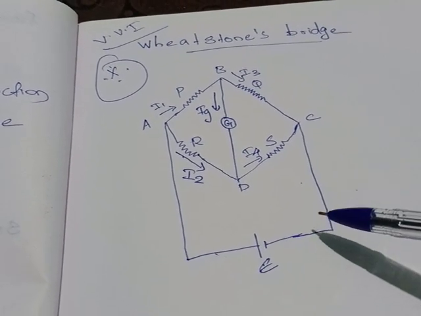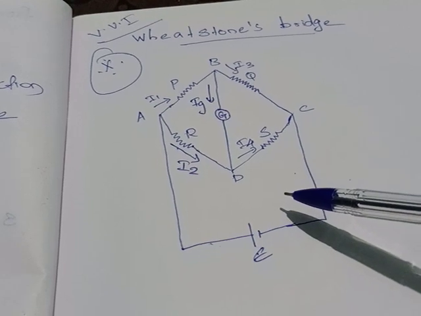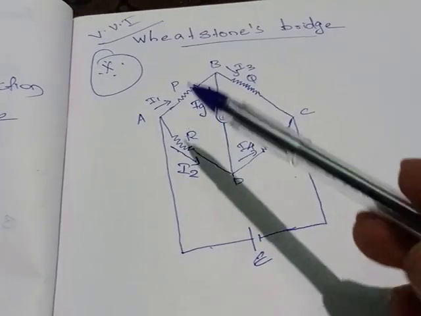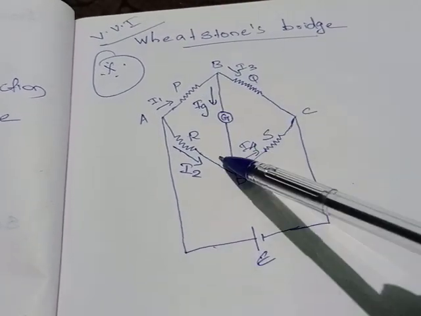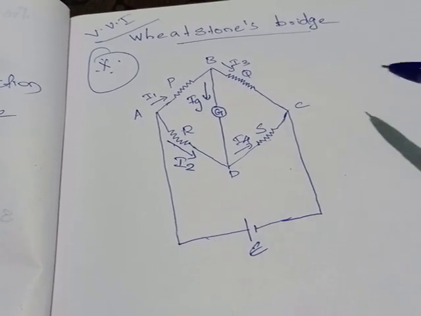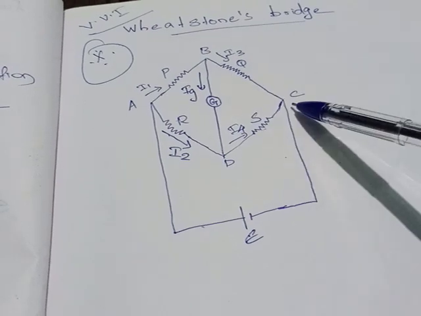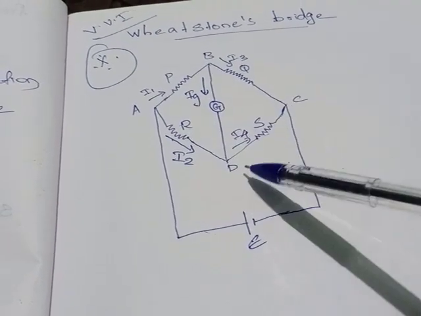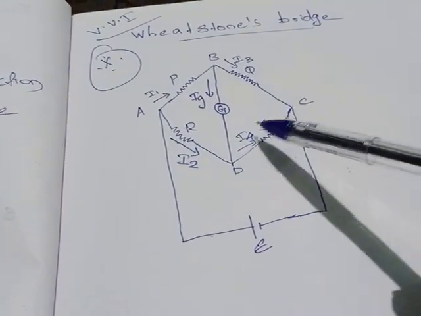Next you can describe the circuit. The 4 resistances P, Q, R, S are connected in the form of a bridge.